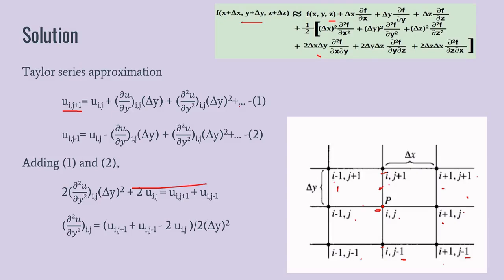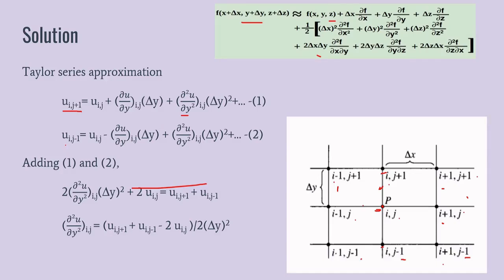So the good thing about Taylor series expansion or any kind of numerical approximation scheme is that we can choose the order of approximation we need. Here we are only interested up to the second order, so we are only going to that much. So in plus y direction, this is the variation.